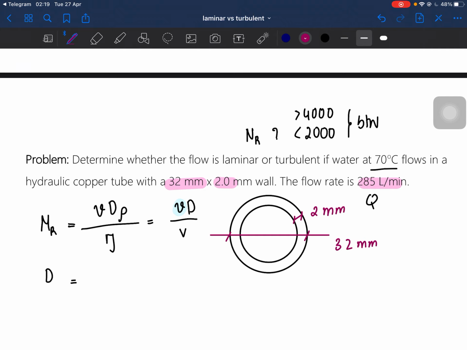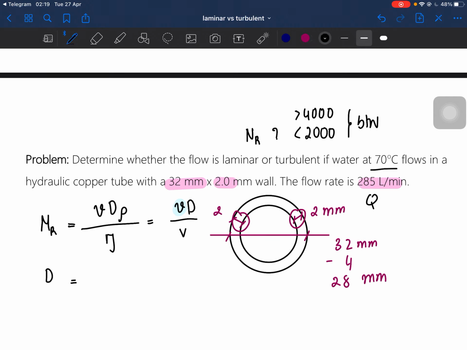But in this case, we have both sides, right? We have here 2, so it's 4, both sides. So overall, we minus 4, we get 28 millimeter for the diameter.